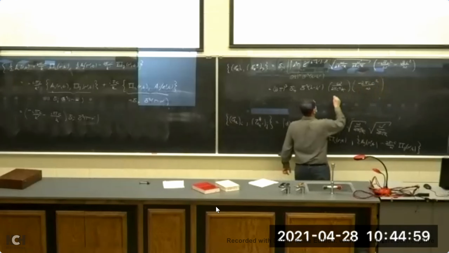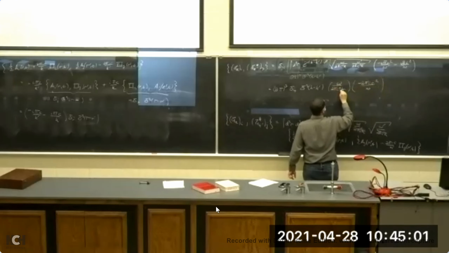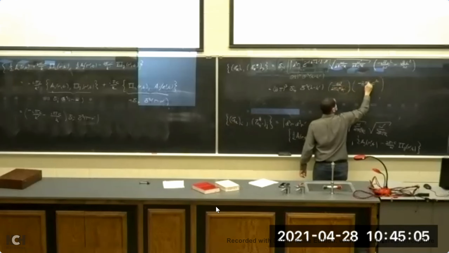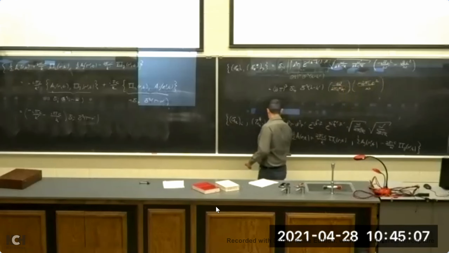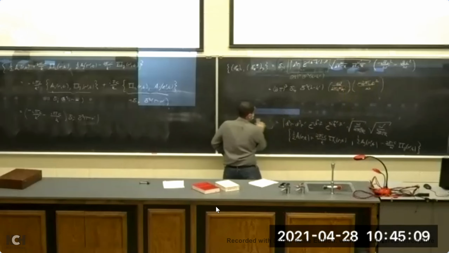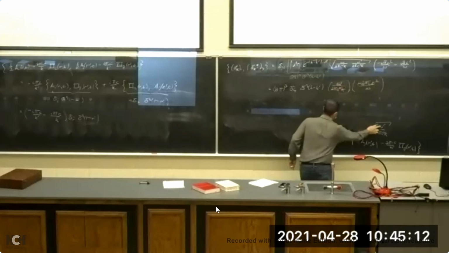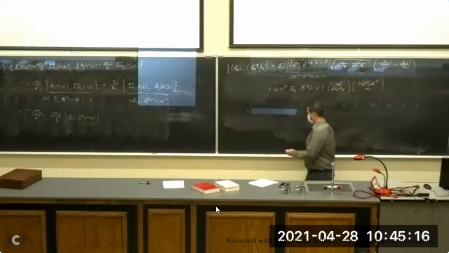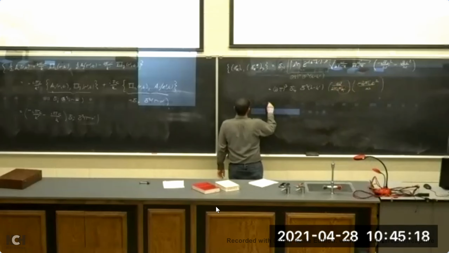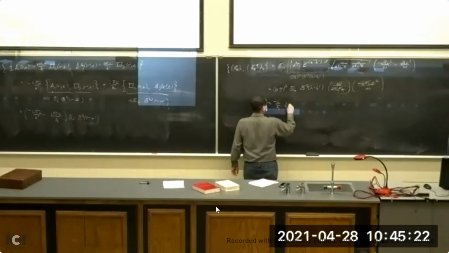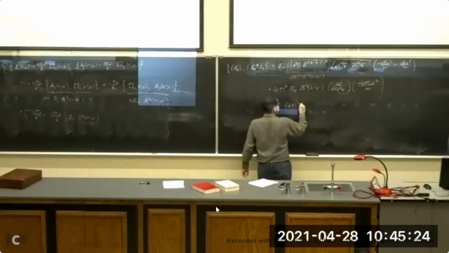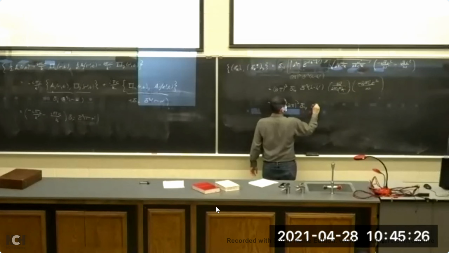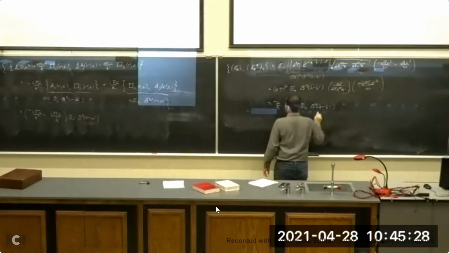Most everything simplifies. The 2 pi goes, c squared, omega, and I'm left with just minus i over h bar. So at the end of the day, what I get for this Poisson bracket is minus i over h bar 2 pi cubed delta ij delta 3 of k minus k prime.